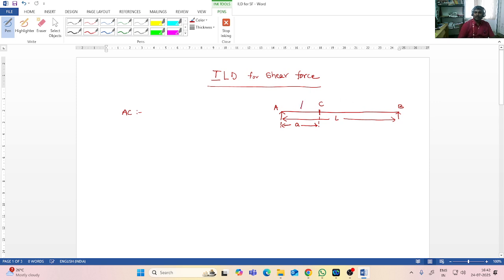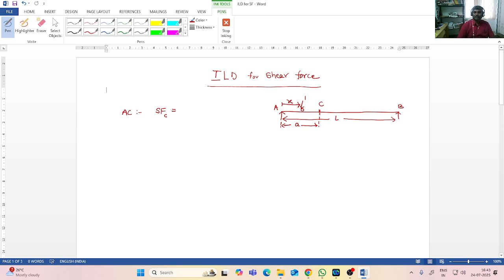So let us assume that a unit load is traveling from A to B. So when the unit load is in the region AC, let us locate the unit load at a distance x from A. Now I would like to calculate what is the shear force at C.